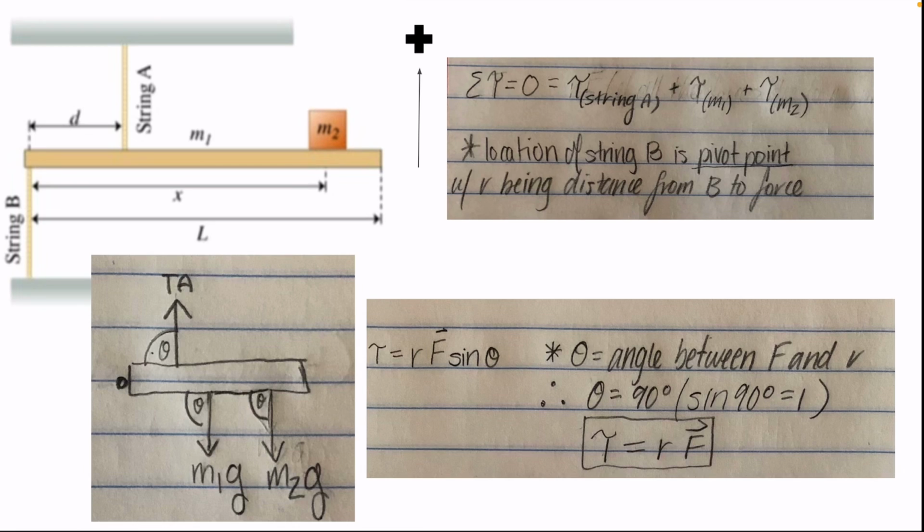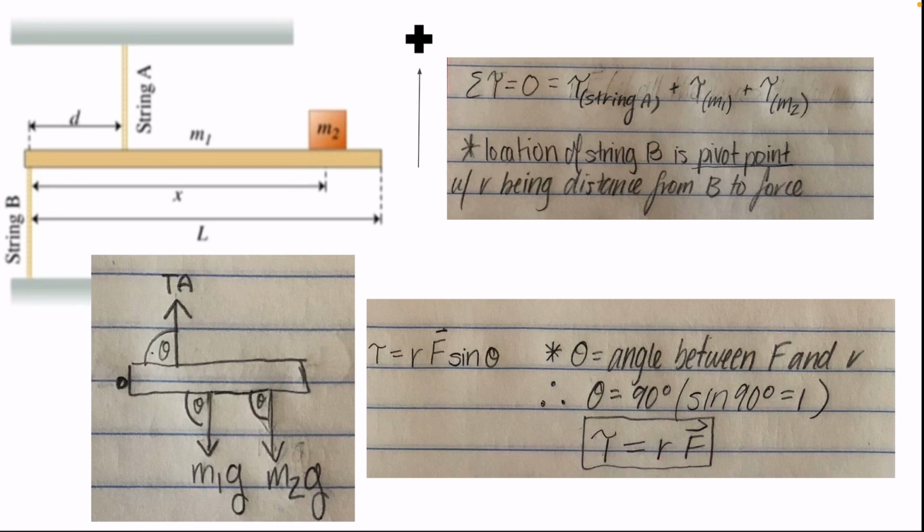But for M1, you might make a mistake and assume that R is L rather than L over 2. But due to the fact that L over 2 is the center of mass, it's the notable point where the force is directed, at L over 2.